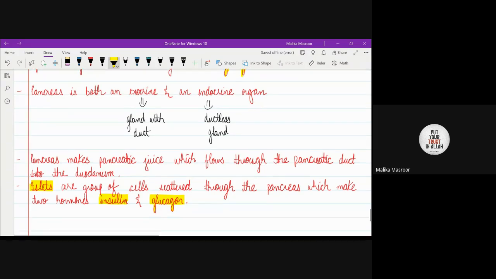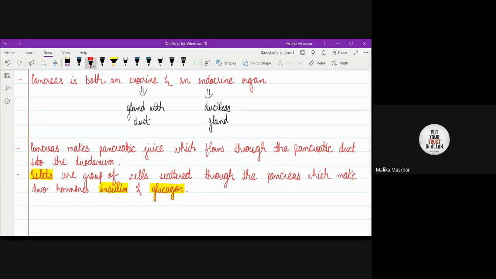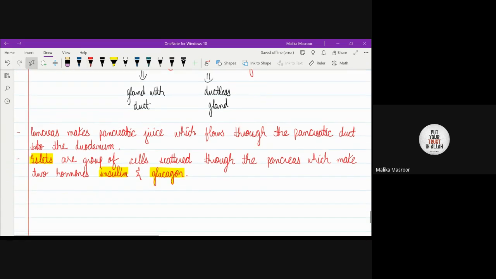Now these hormones help the liver to control the amount of blood glucose, because your excess glucose is stored in your liver in the form of glycogen. All of this works on the phenomenon of the negative feedback mechanism.